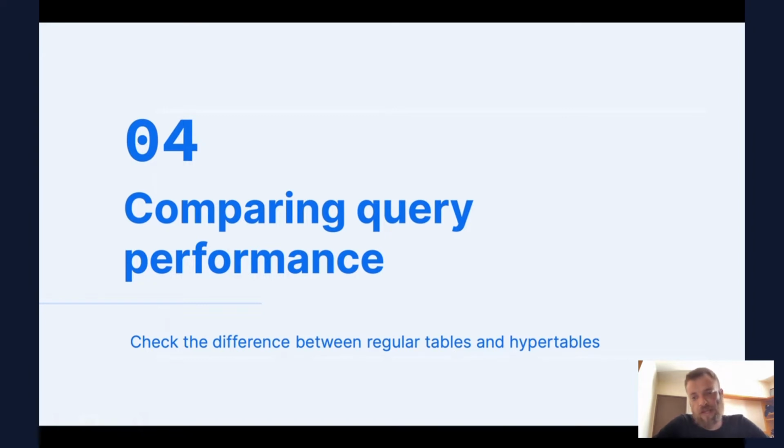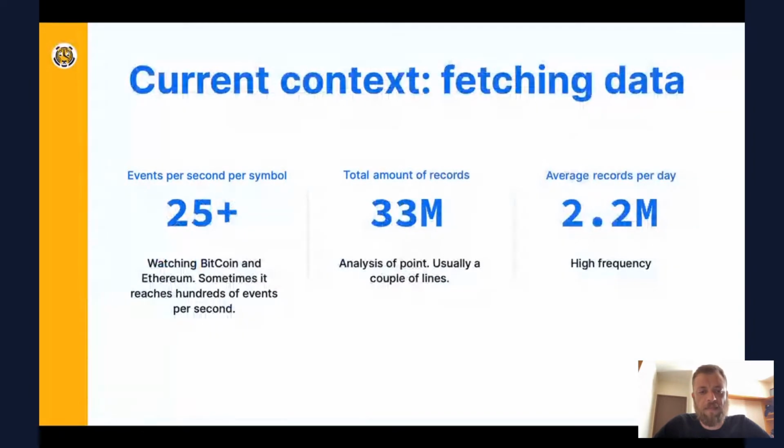The performance of the queries can vary a lot depending on the amount of records, the statement of the query, and how you are organizing your index and everything. I'm going to run some quite simple queries, and then we can compare them.